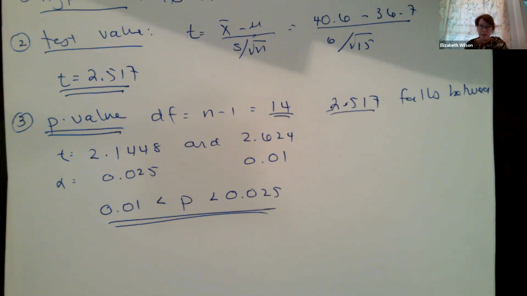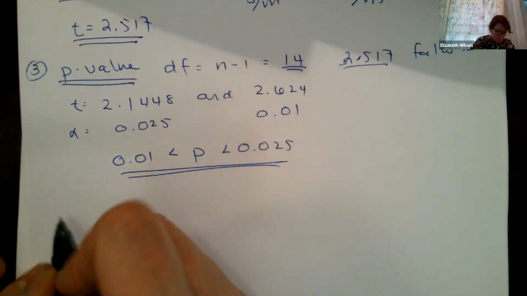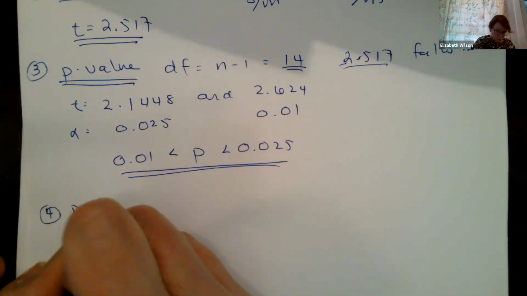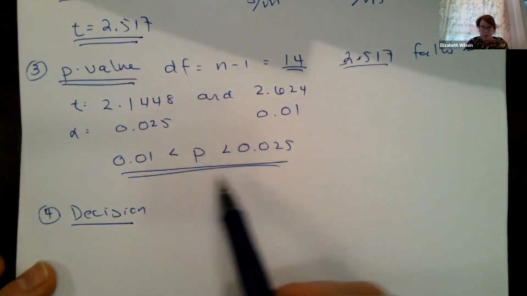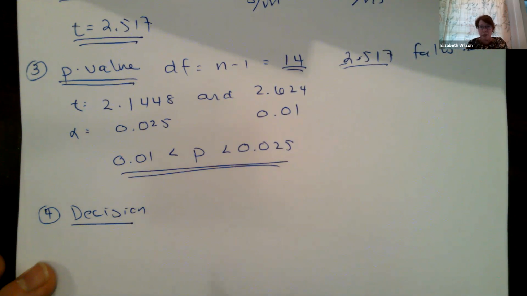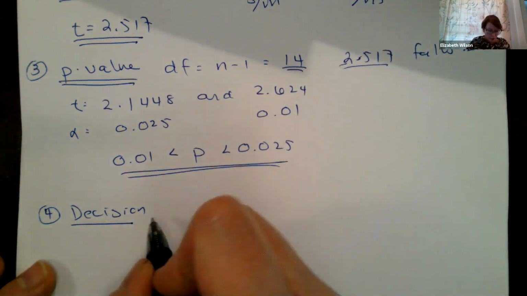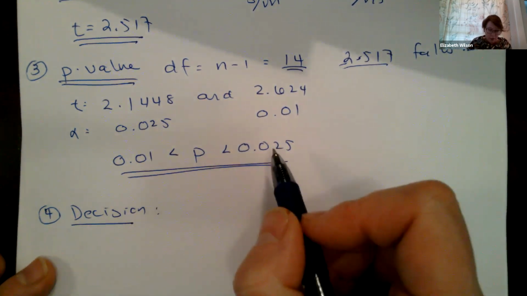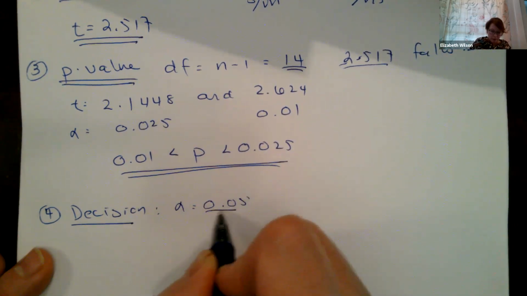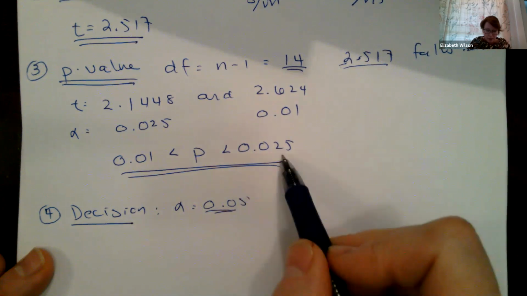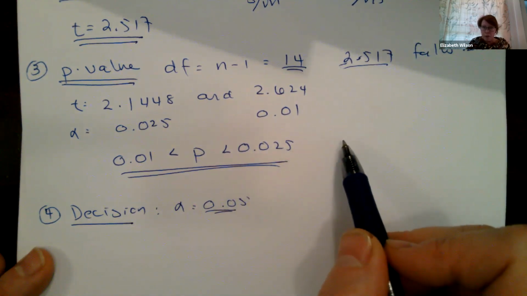Now I need to compare that with my alpha. Remember, alpha represents the area under the curve. That's our probability. So my decision: we said the alpha was 0.05, so alpha 0.05 is greater than 0.025.